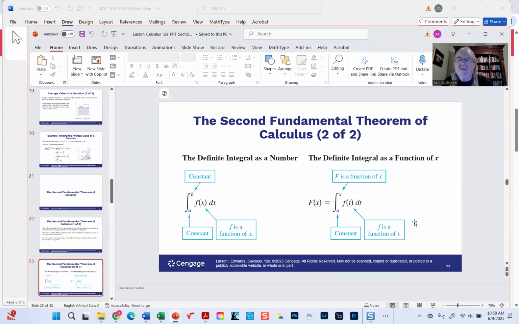Now, here's a second fundamental. This one is a little bit more involved because what they're saying is, if you're integrating not between two constants, but using a function for the upper limit, that changes it a little bit, because what that means is that you're solving not for a specific constant, but for a function.